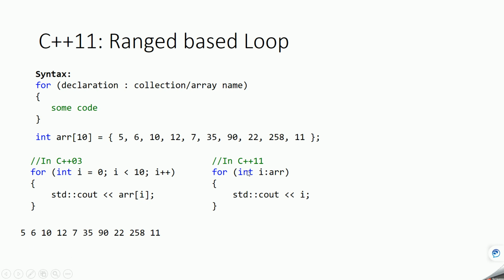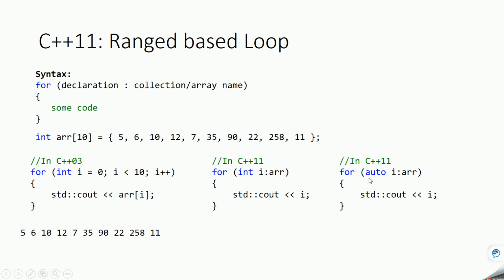So in C++11 this operation can be performed this way with the help of the range-based for loop. Another way you can do it in C++11 is auto i. Here you have given the data type, and the data type over here is int, and in the other case you also have to give int.